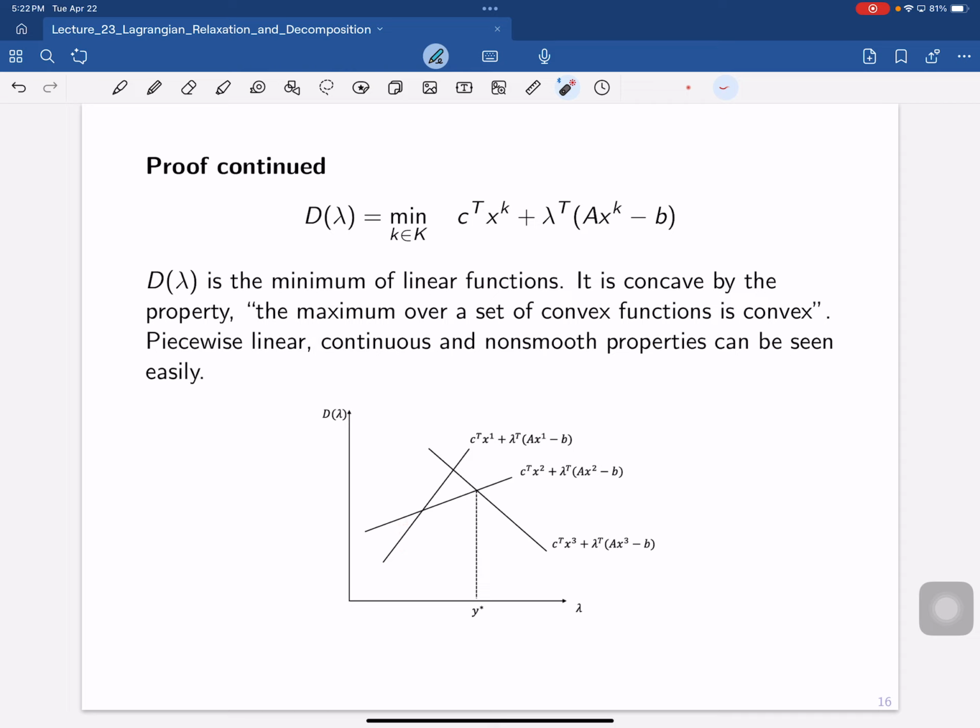If you move to a point where two linear functions cross each other, at this point the function is no longer differentiable. That's called a non-smooth problem. And if you recall, for a non-smooth function, you cannot get a gradient, but you can get what is called a subgradient. We will talk about that later on.